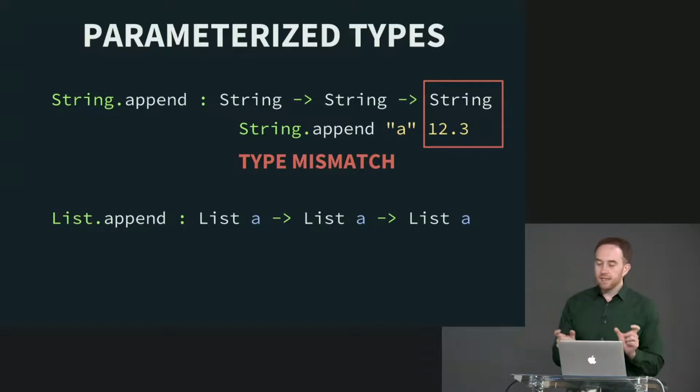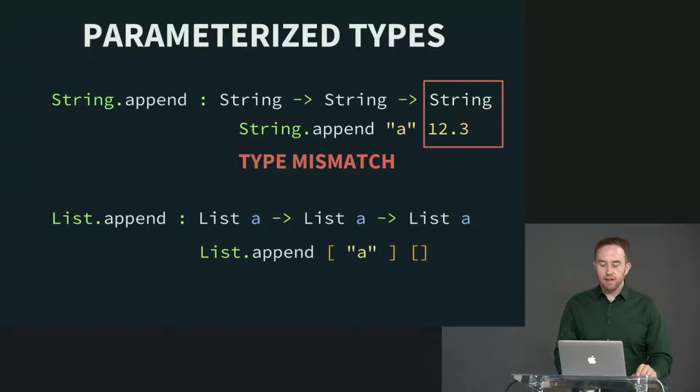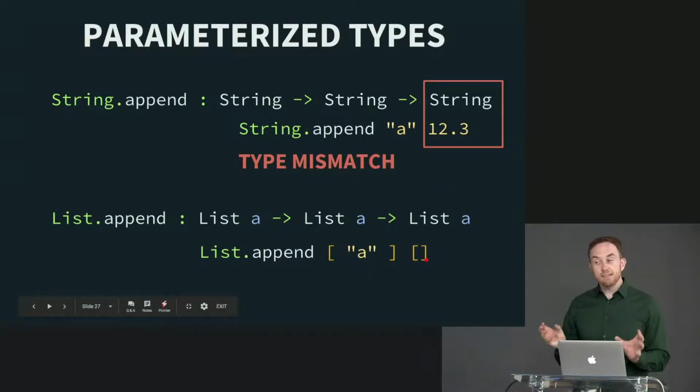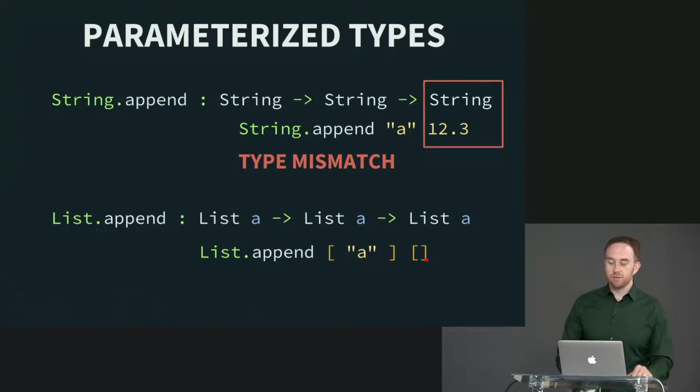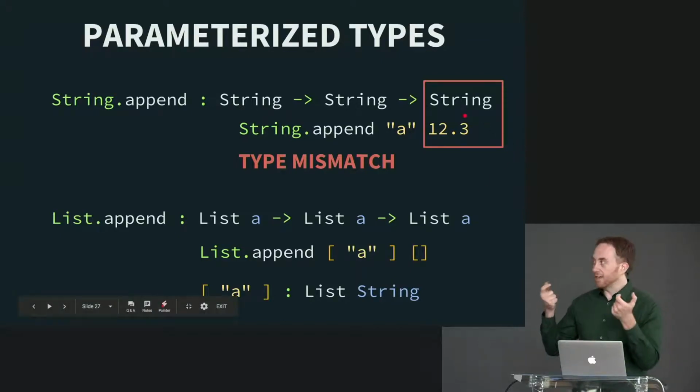But you can't quite extend that same pattern to parameterized types. So here, I'm appending a list of strings to a list of a. Now those are not exactly the same type, but as we all sort of intuitively know, this will still work. It'll give us back a list of string. So how did it know to do that? I mean, we understand how this works when they are literally different types. But in this case, they still are literally different types.